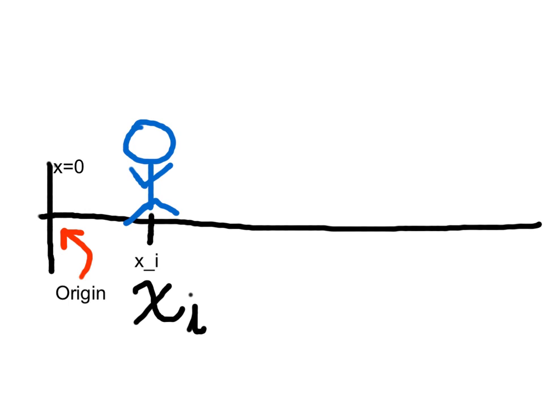Now what might seem strange about that is you might expect the person's starting position to be at the origin, but that's not required. We can declare our origin anywhere we want. And then we talk about a person's starting position as xi. If that person moves to somewhere else, the position where they end up is called their final x position, or xf.